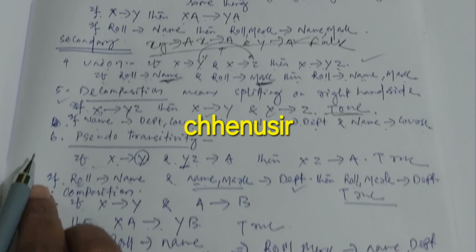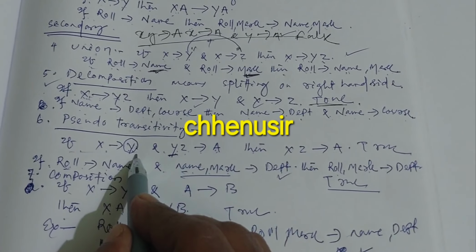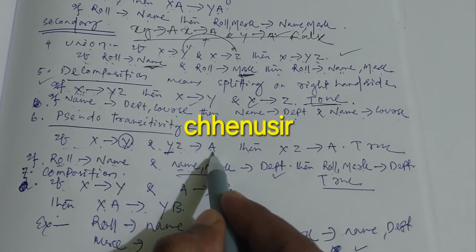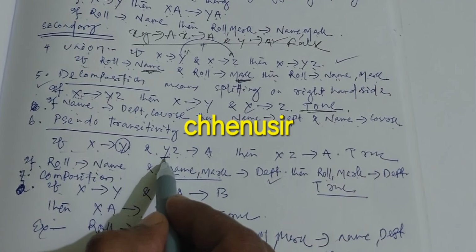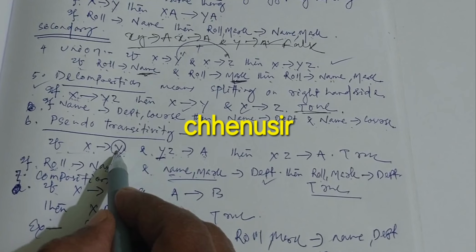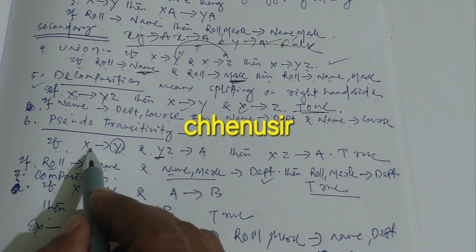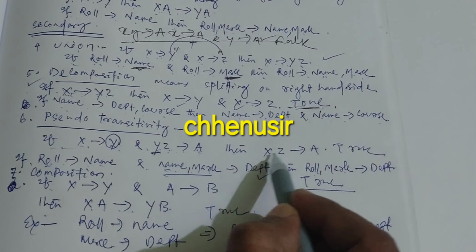Similarly, pseudo transitivity: if x determines y and yz determines a, then y will be replaced with x because x determines y. So the condition is if x determines y and yz determines a, then xz determines a.